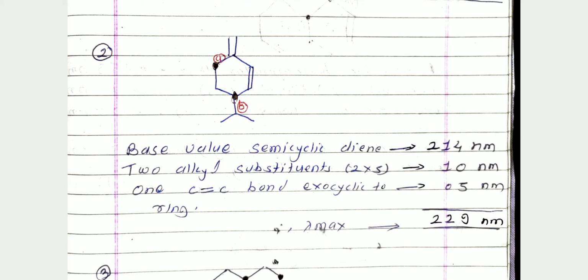Therefore this structure contains the base value for semicyclic diene 240 nanometer, 2 alkyl substituents at 5 each, so 10 nanometer, and one more structural feature, the exocyclic double bond, with value 5 nanometer. Then the addition of these 3 values gives the lambda max value of 255 nanometer. This is the example of a semicyclic diene.